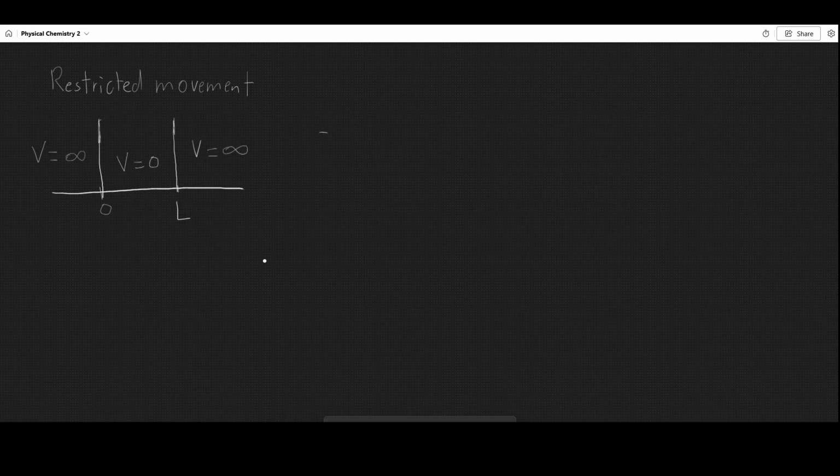I'm going to write it out anyway. So if we look at the Hamiltonian, we have the kinetic energy portion, and then we tack on a potential portion. So if we think about this, and this is infinity, this whole thing is infinity, the only way we can solve H psi equals E psi is if psi ends up being 0. This is assuming that the potential is infinity.